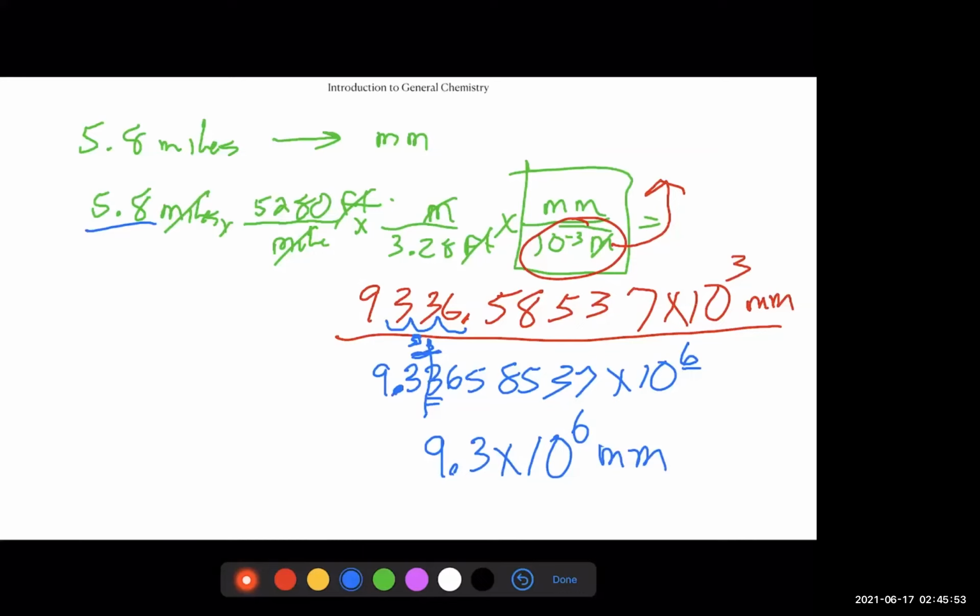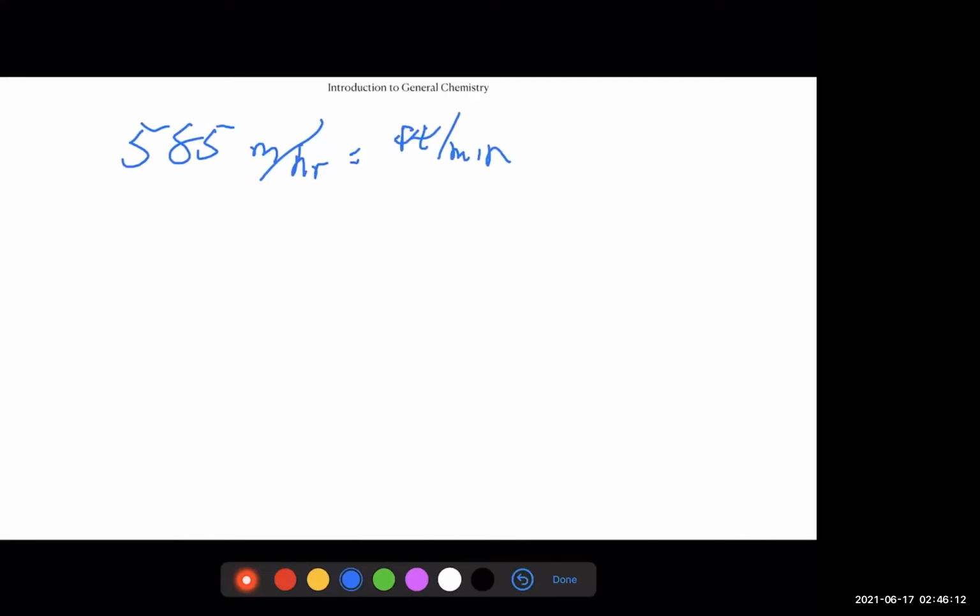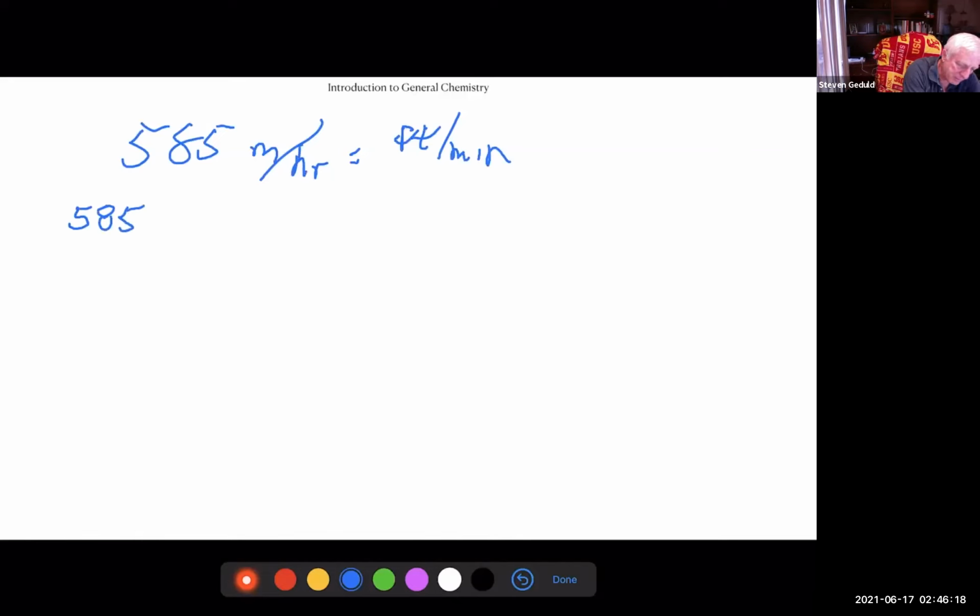I have a question. Sure. Okay, convert a speed of 585 miles per hour to units of feet per minute. Perfect. Good question. Okay. So right now we're starting with, right? 585 miles per hour.